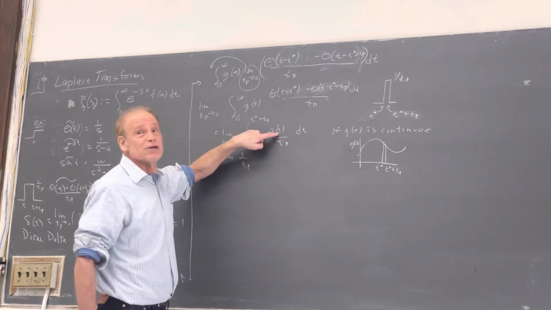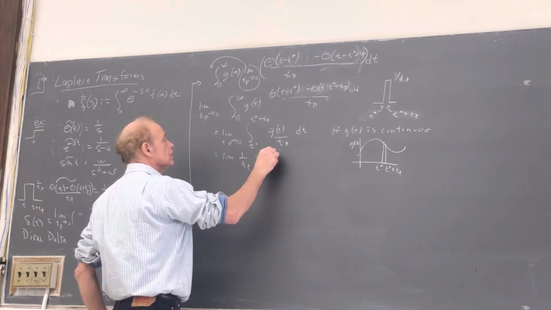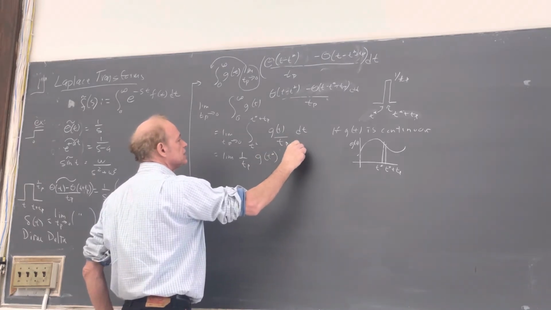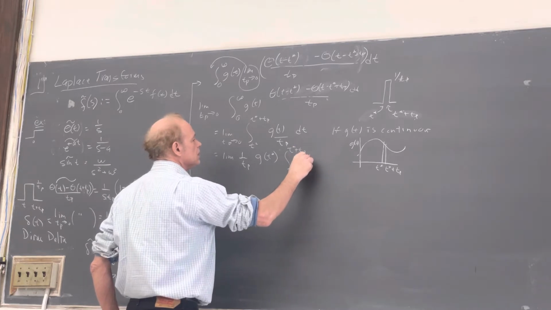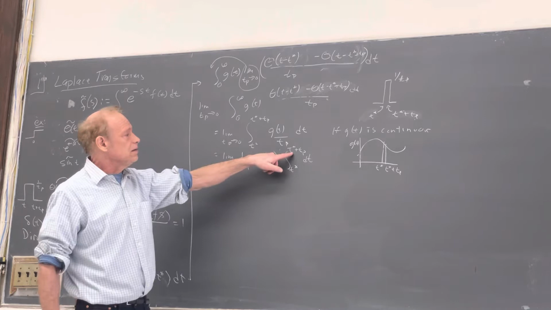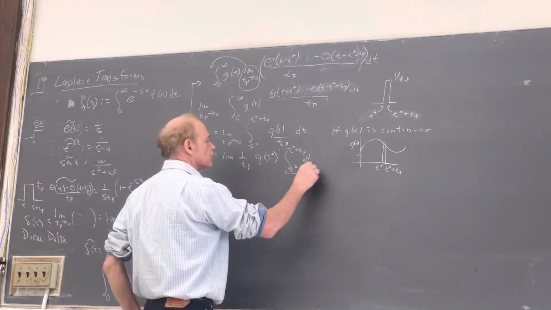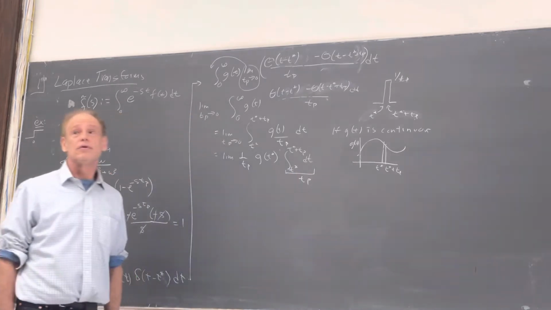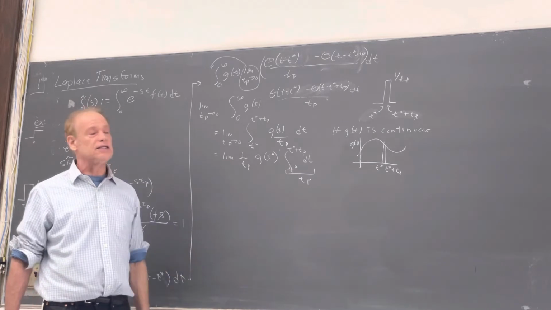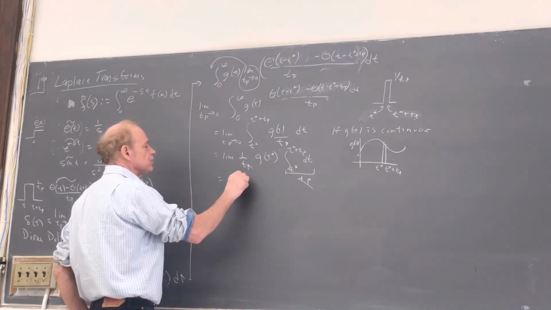So if this is almost a constant, I can pull it out. And I just have the integral from t star to t star plus Tp dt. And this integral will just give me Tp, because I'm just integrating dt from t star to t star plus Tp. So the Tp's cancel, and I just get g of t star.